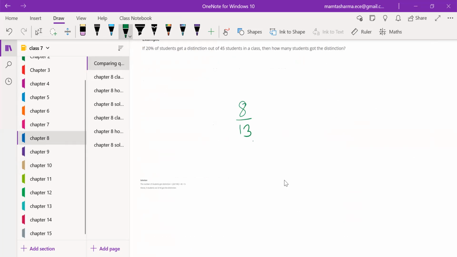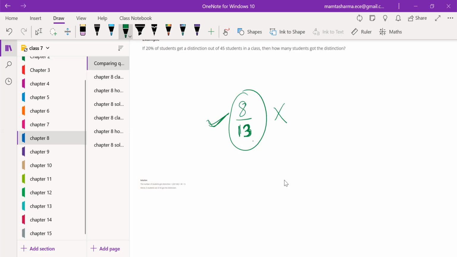So the simplest form. There will not be any simplest form further. Can we cut this division further? No. If it was 12, then we could, but it's not. So this is in the simplest form only.